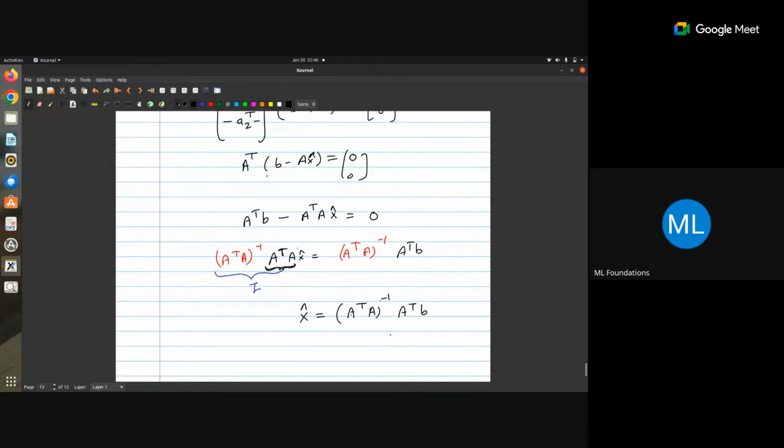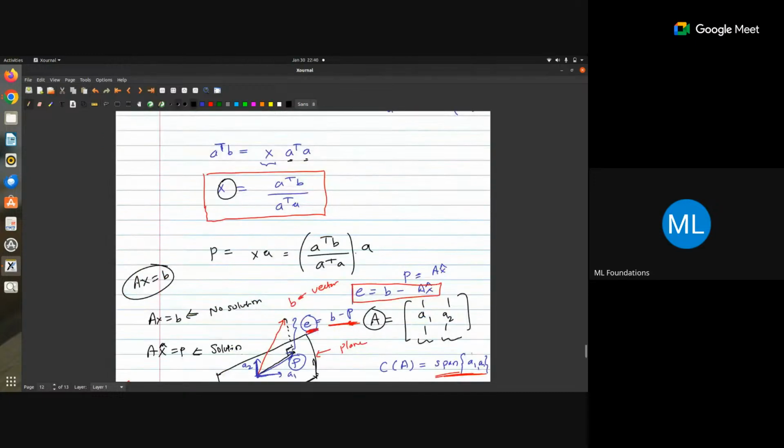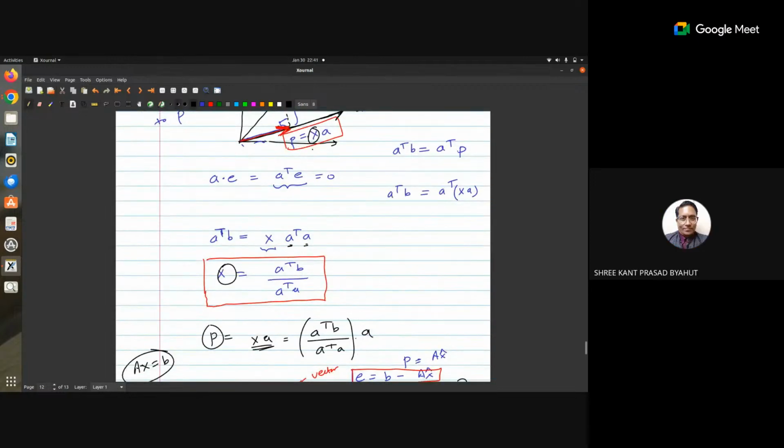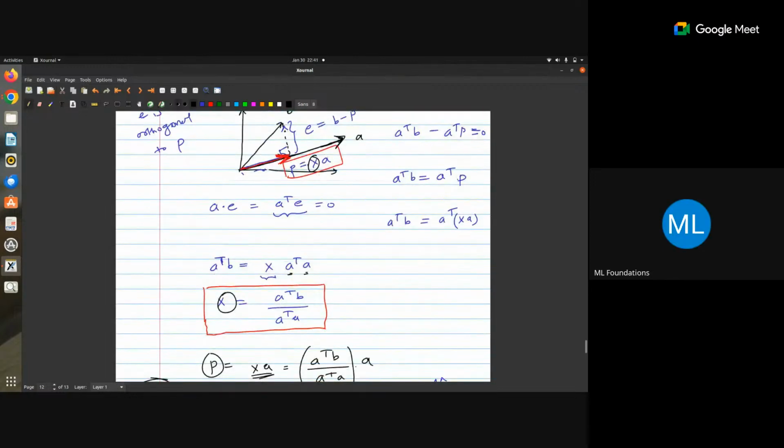So this is my X hat, and what I need now is this. In the previous case, we found the projection how? Projection is on that vector A. So we found x, and we just multiplied it with that vector to get the value of the projection. Is that correct? You can say dot product, or just multiplication, right?